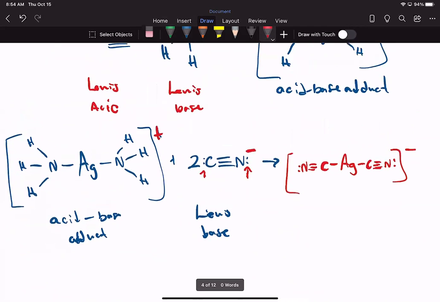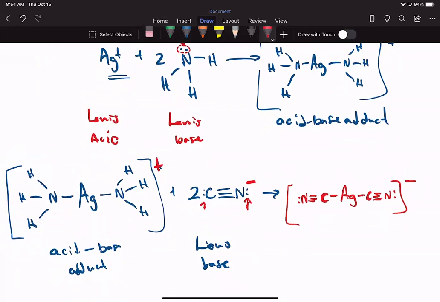So we don't want to make more than 4 bonds. We're not going to be making 5 bonds. The transition metals, as long as we're further down on the periodic table, beyond period 2, can make more bonds. But the general rule here is we're not going to want to make more than 4 bonds with any of our polyatomics, any of these Lewis bases that we're going to use.